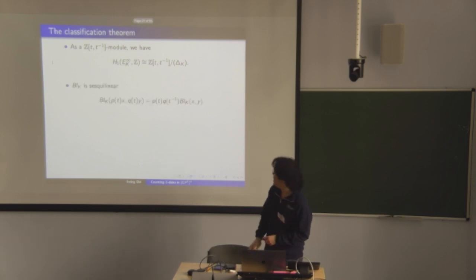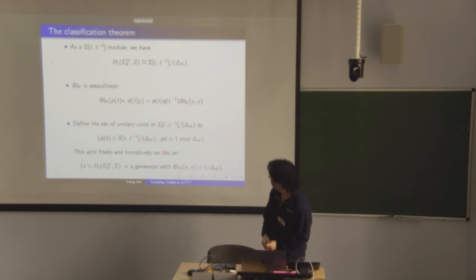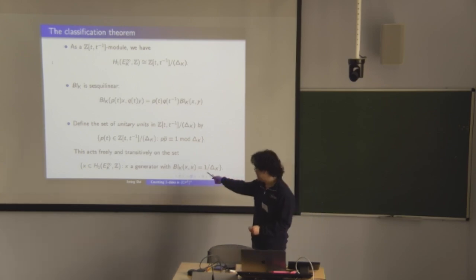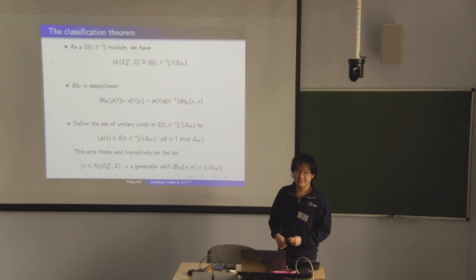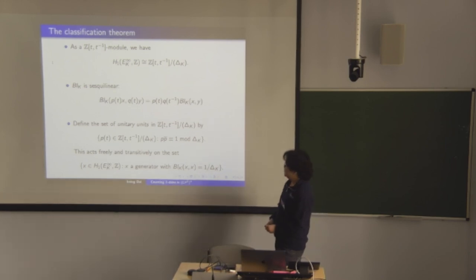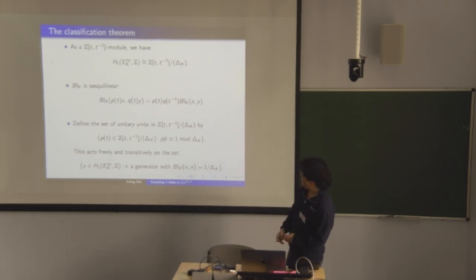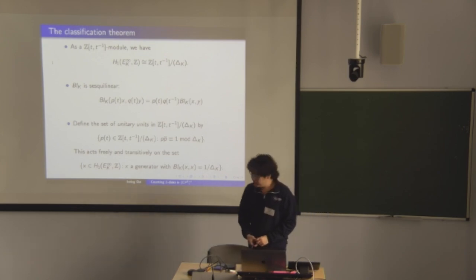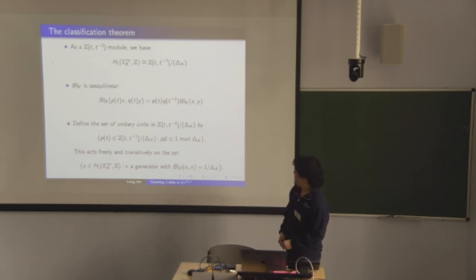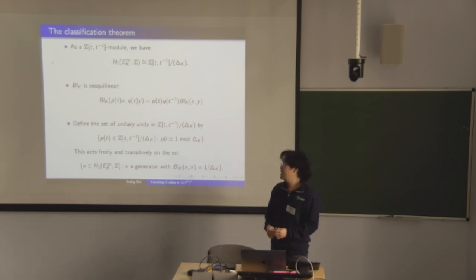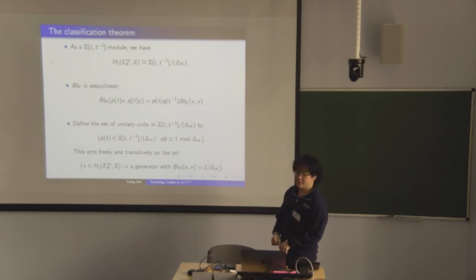Okay, fine. So then what you observe is that you stare at this set which you are trying to enumerate, and what you realize is that it is not very hard to show, using the fact that the Blanchfield pairing is sesquilinear, that the so-called set of unitary units acts freely and transitively on the set that you want to enumerate.